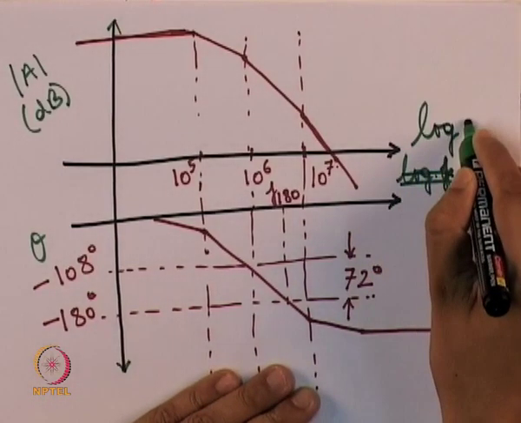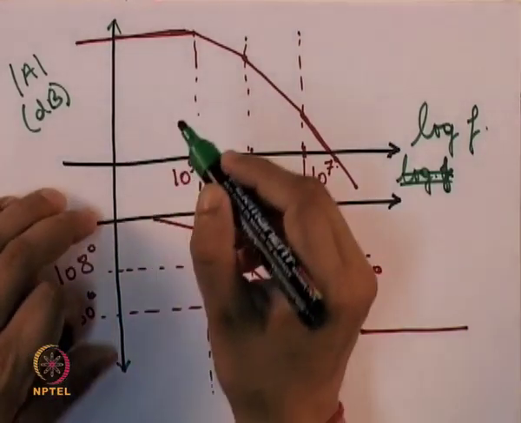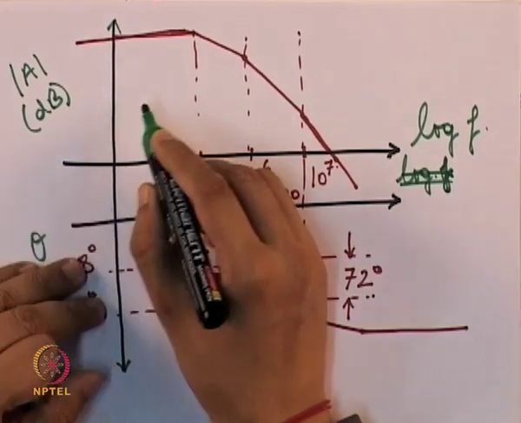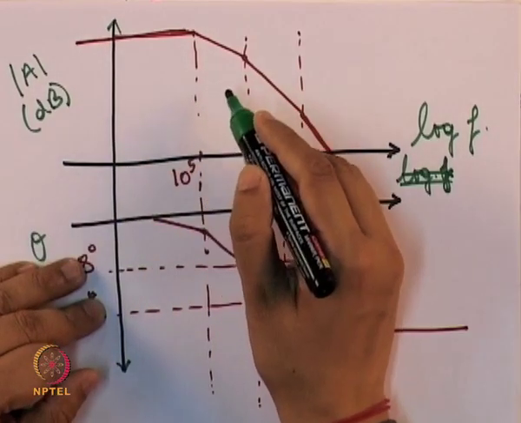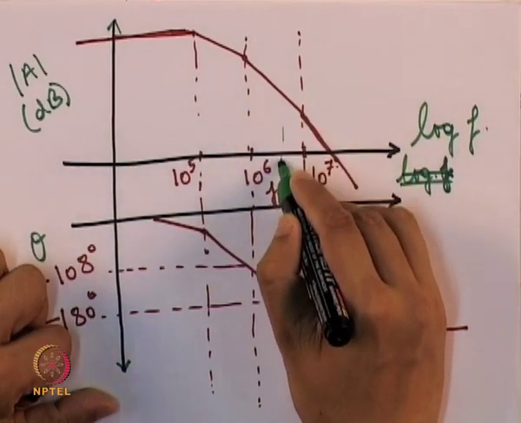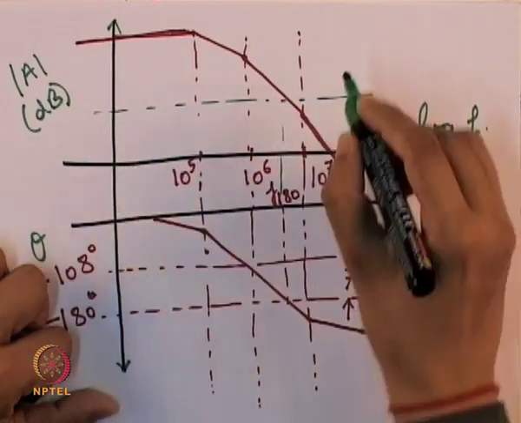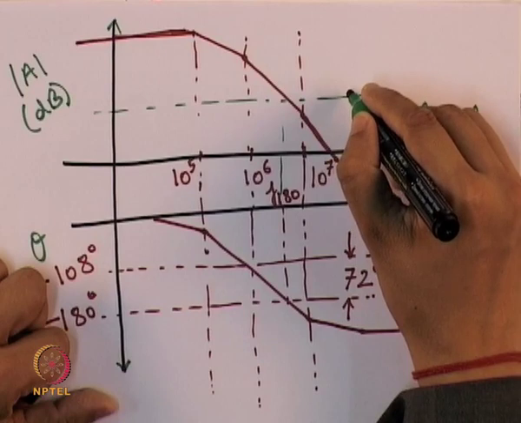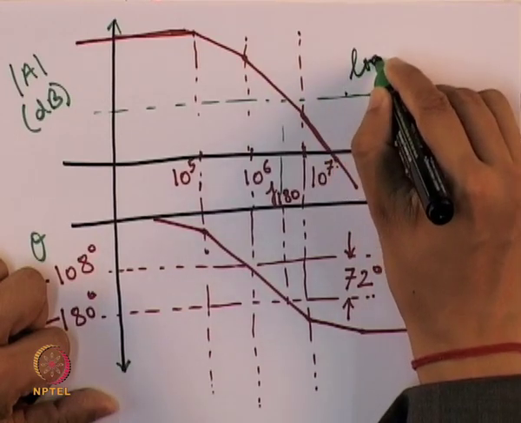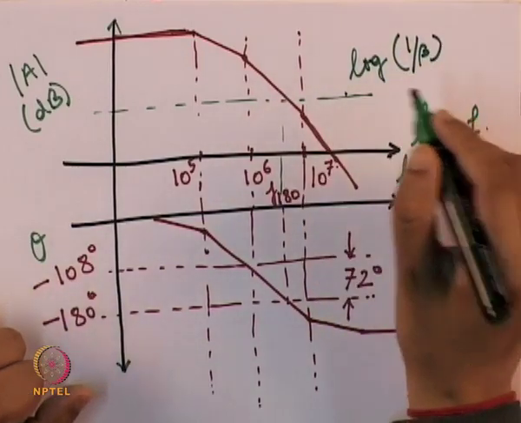Now, first consider the case when suppose my 1 upon beta line passes through this point. So this is my log of 1 upon beta line.